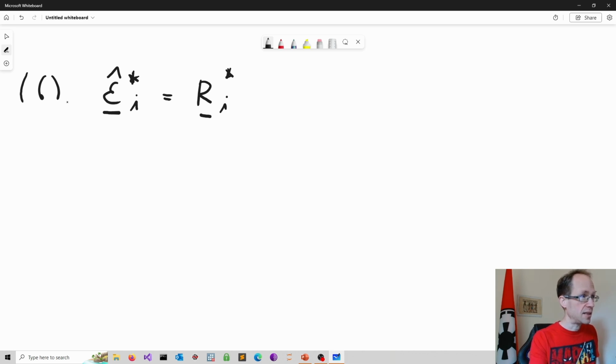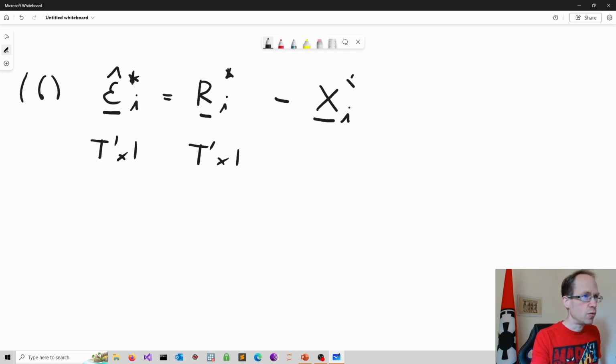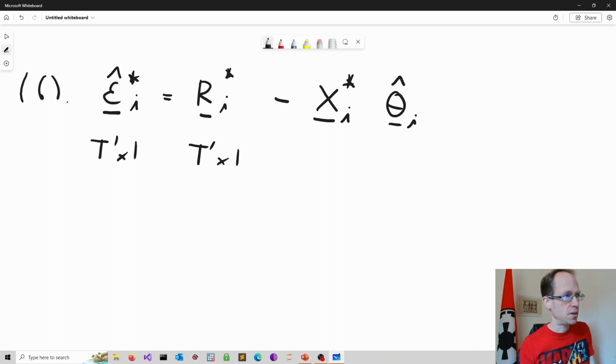So that's a time dimension here. If I want to fix dimensions, it would be t prime by 1 and so on, minus the expected return. So the expected return refers to my data matrix, and we saw this before, again in the event period, times the parameter vector, which I estimated during the estimation window.